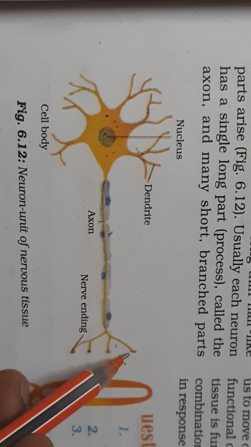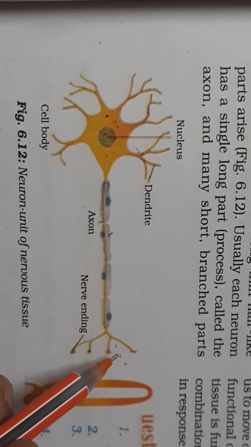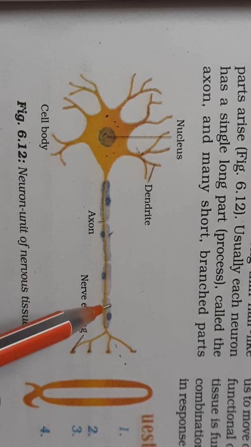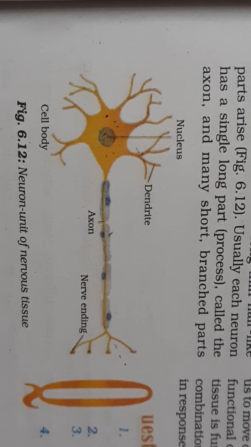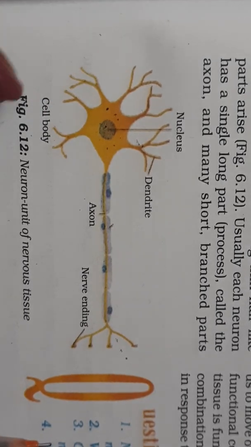For example, if it is for the hands, you will move the hands. If it is for the legs, you will move the legs. So it is the combination of nerves and muscle tissues by which every organism is able to move. So this combination enables the animals to move rapidly whenever the stimulus is received.